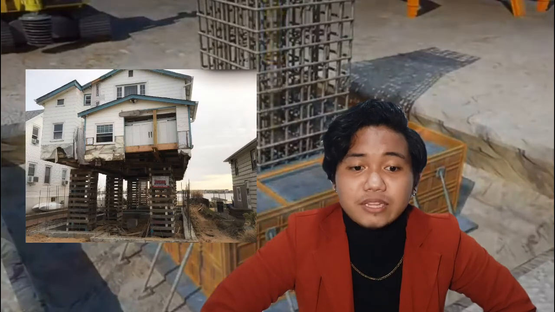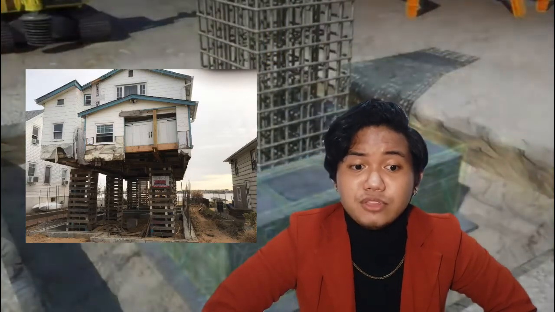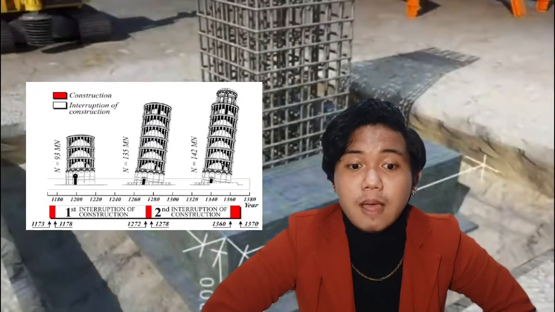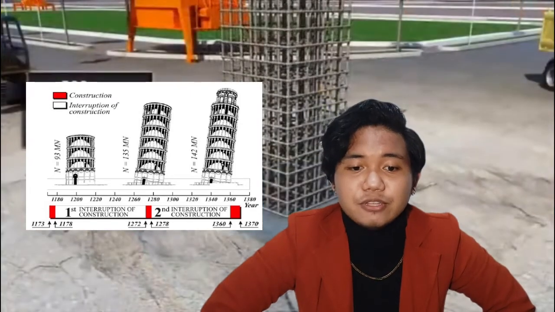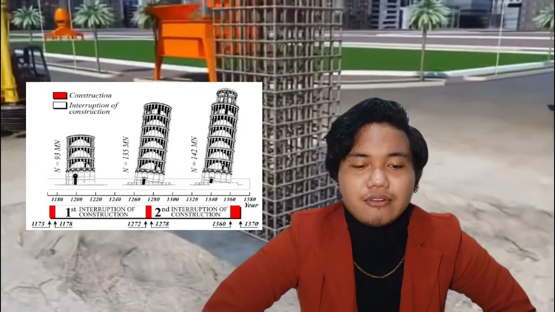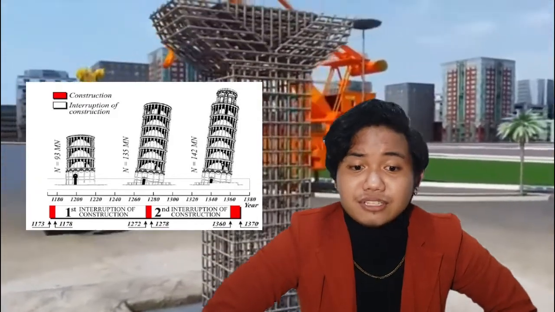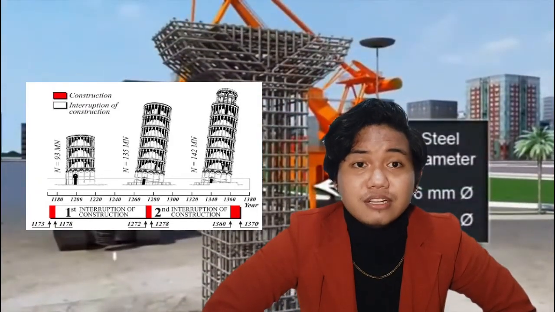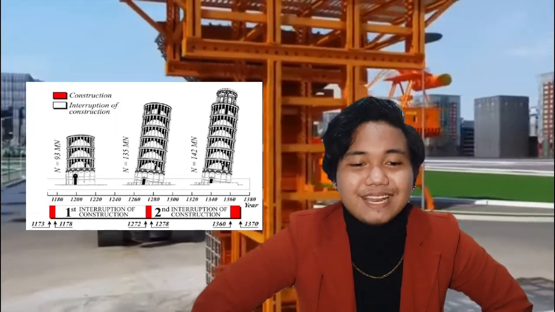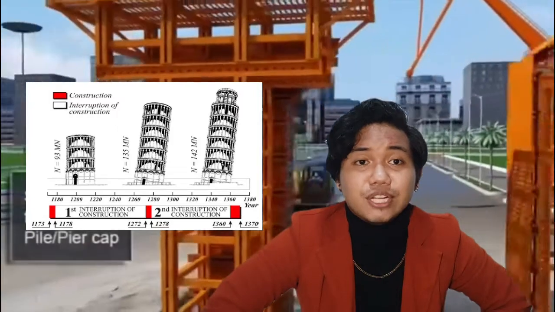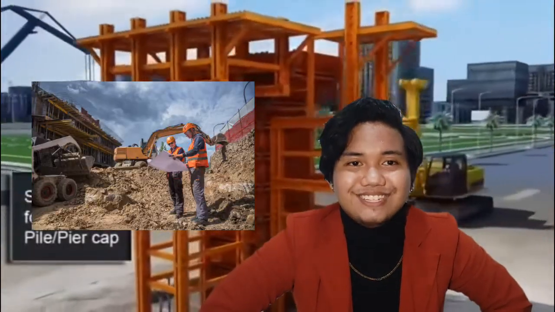Due to the heavy weight without enough base support, the structure had no option but to sink a little bit into the earth. One side happened to go further deeper into the ground than the other, causing the tower to lean to one side. The Leaning Tower of Pisa actually makes an important part of the history of geotechnical engineering.